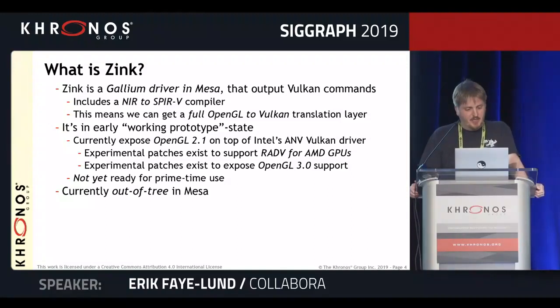We support OpenGL 2.1, currently only tested actively on top of Intel's ANV open source Vulkan driver, but some people have run it on other GPUs. There's some experimental patches around for some higher OpenGL versions and some more GPUs. It's not really ready for prime time use yet. There's still much more work to be done, and it's currently out of tree in Mesa. That means that it lives in a fork.